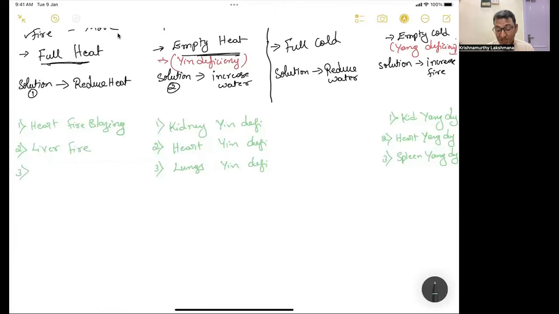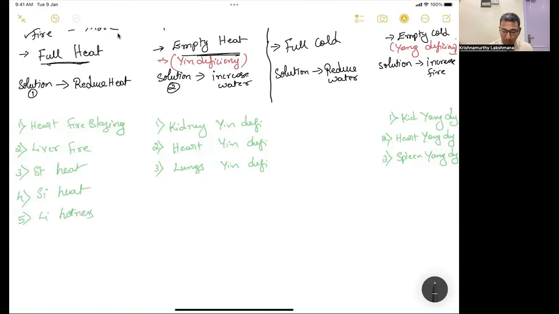If the fire is more in the stomach, we call it stomach heat. Similarly, if the heat is more in the small intestine, we call it small intestine heat. If it is in the large intestine, we call it large intestine hotness.